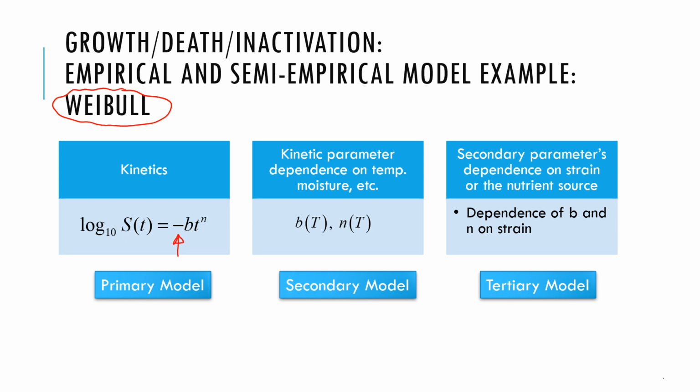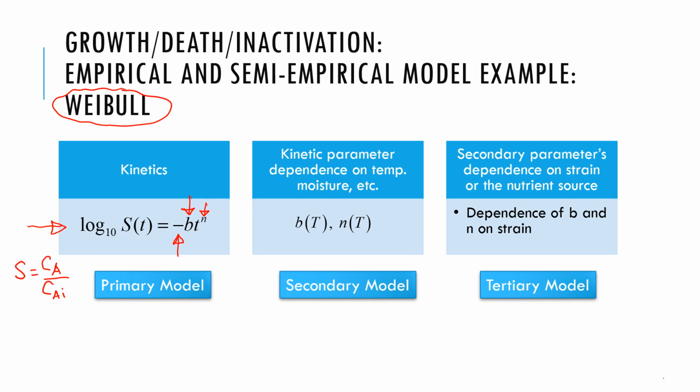This equation here describes the Weibull kinetics, where S is a ratio of concentration at any time of the bacterial species divided by concentration initially, and this kinetics then describes the inactivation process, where B and N are the inactivation parameters.